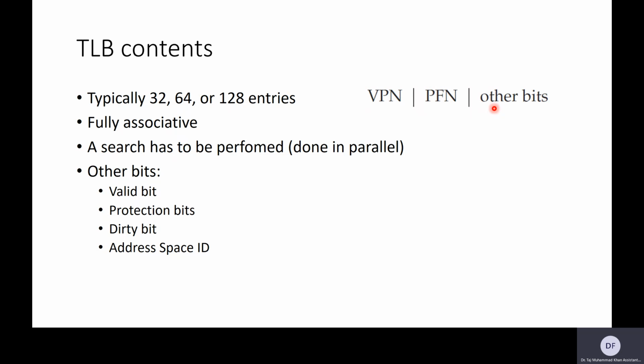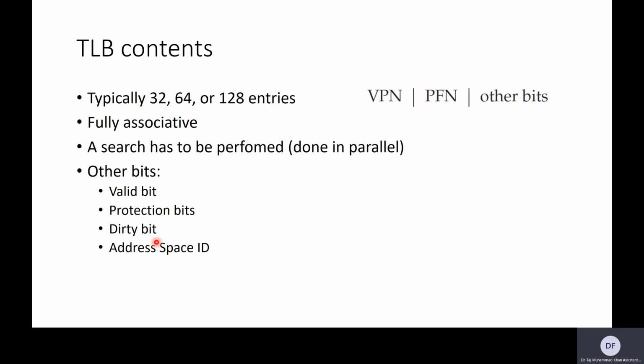So you can have 3 bits for each page, which will tell you whether this page can be read or not, whether you can write on this page or not, or whether you can execute code on this page or not. These protection bits provide some kind of security, so that you do not write to pages for which you do not have access.